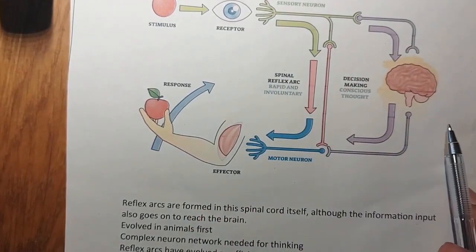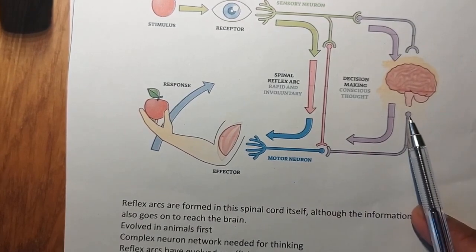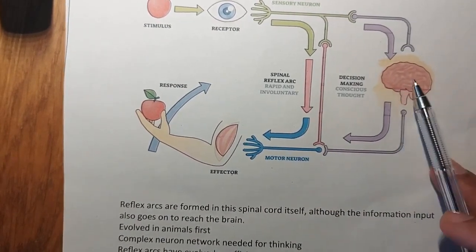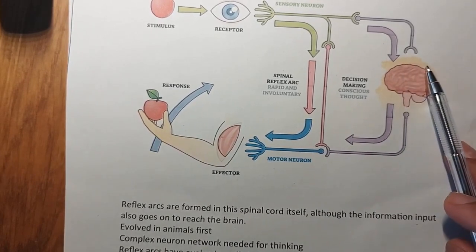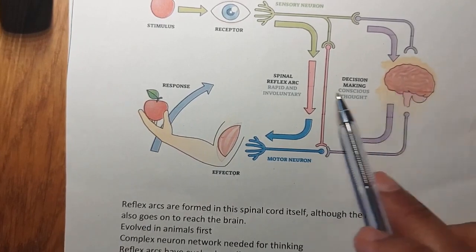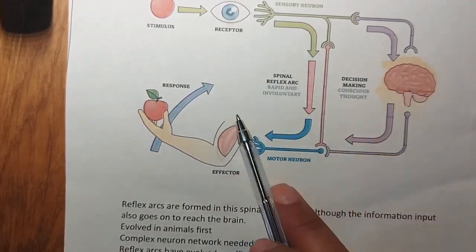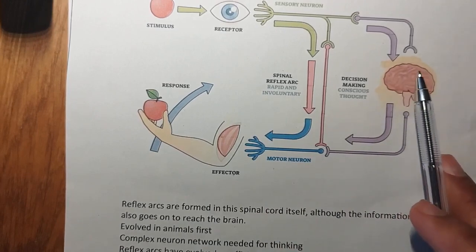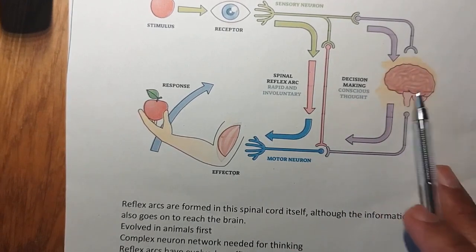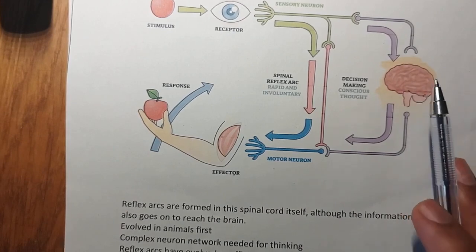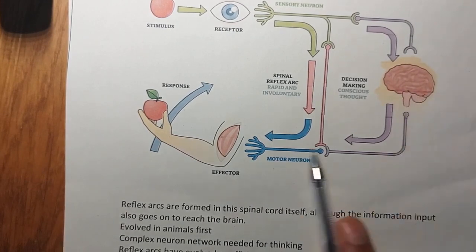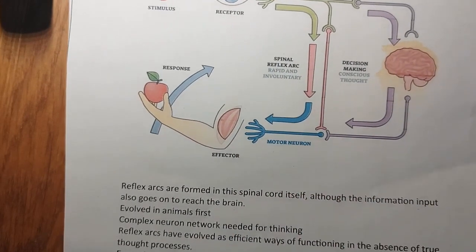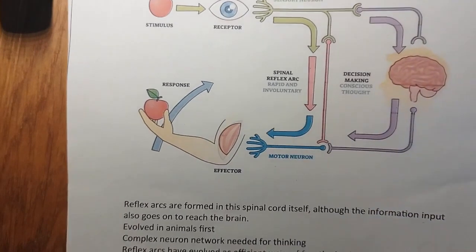As animals have evolved into more complex animals like human beings, we have got a more developed brain and a thinking ability. But still, we have reflex mechanisms in place that work much quicker than the route through transmission to the brain, then thinking, then making a complex decision, and then conducting the action. So the spinal reflex arc is quicker even in animals like human beings.